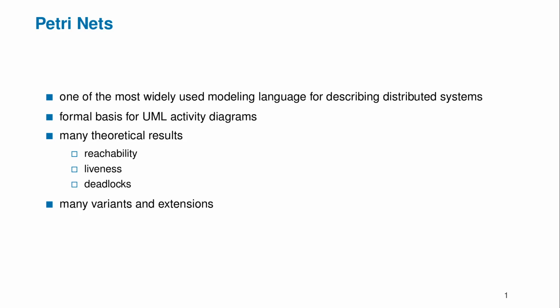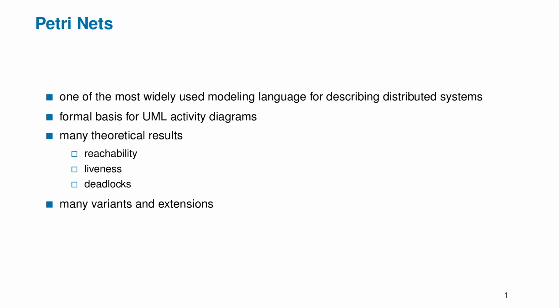There are very basic variants, the classical variants that we will see today, but there are also many extensions that include, for example, colors, where tokens, a core concept of Petri nets, are distinguishable, but we do not have in the basic variant, where data types can be introduced and things like that.